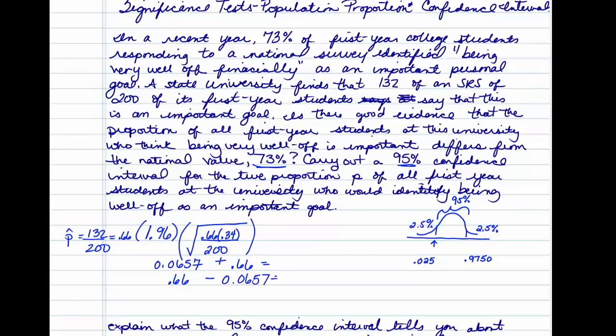This gives us our confidence interval, a range from 0.5943 to 0.7257. We're 95% confident the true proportion lies within.